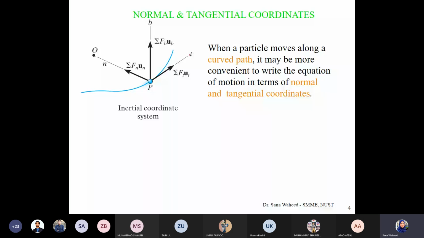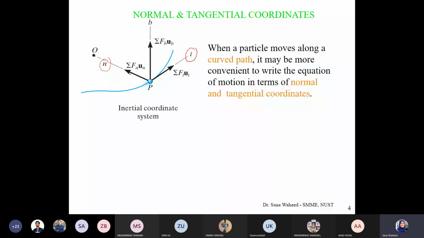It's at a tangent to the curve, and the normal coordinate, this one, n, is always perpendicular to the tangential coordinate, it's normal to the tangential coordinate, and then it points towards the center of curvature of the curved path. So, for example, अगर ये curved path है तो हमारा center of curvature उसकी ये concave side की तरफ होगा, inwards. So that's why my n coordinate points like so.